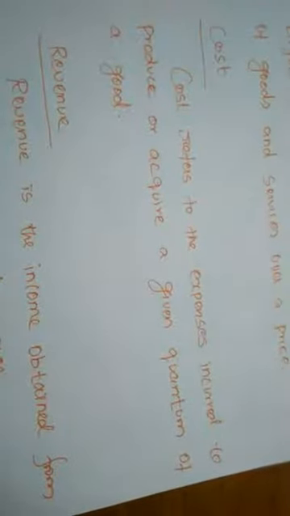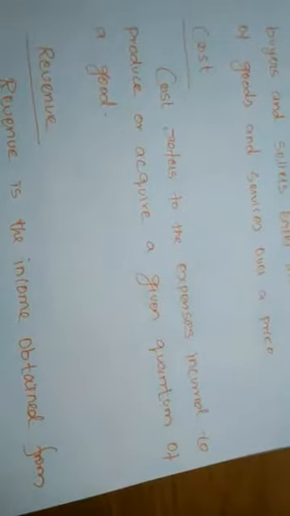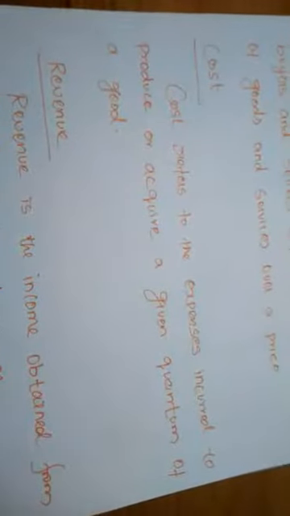How much amount is spent to produce or purchase, that is called cost. The cost of production or cost of purchasing. So the expenses incurred to produce or acquire a given quantum of good is called cost.